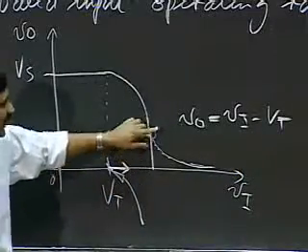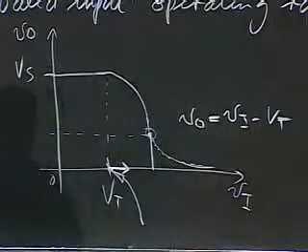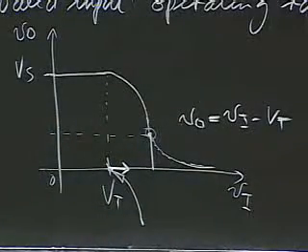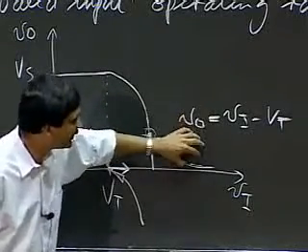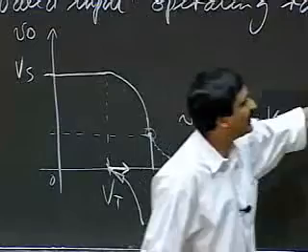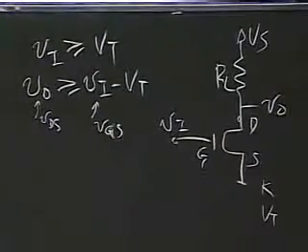The output voltage is equal to the input minus VT. And if the output goes lower, it will violate this equation here. It's no longer greater than that number. So how do we find out what this point is?